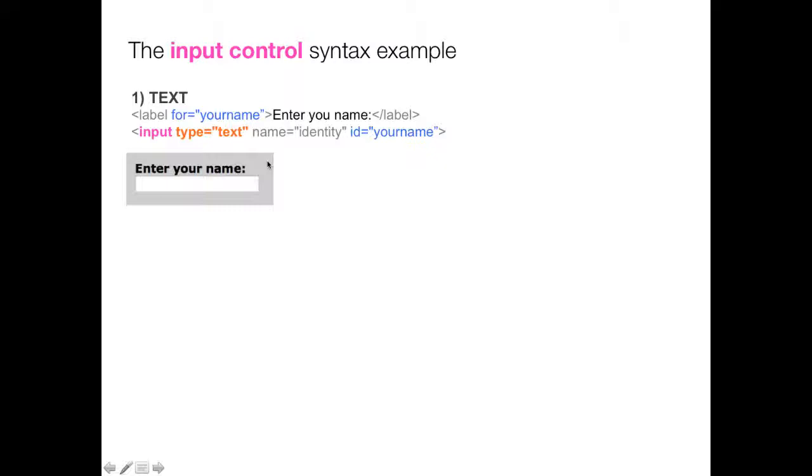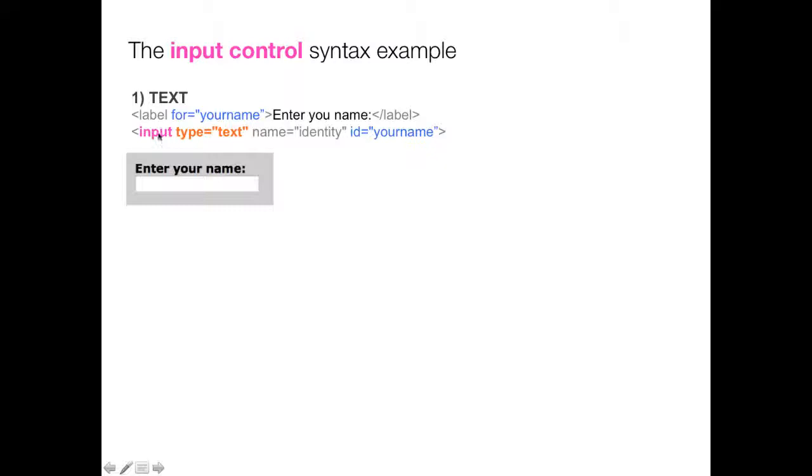Obviously, this visual is styled with gray and with a bold Verdana font, but this is what we will get. We will get a text field if we type these two lines, okay? So what the first line is doing, we're using the label element in order to just write a phrase, and our phrase happens to be enter your name.